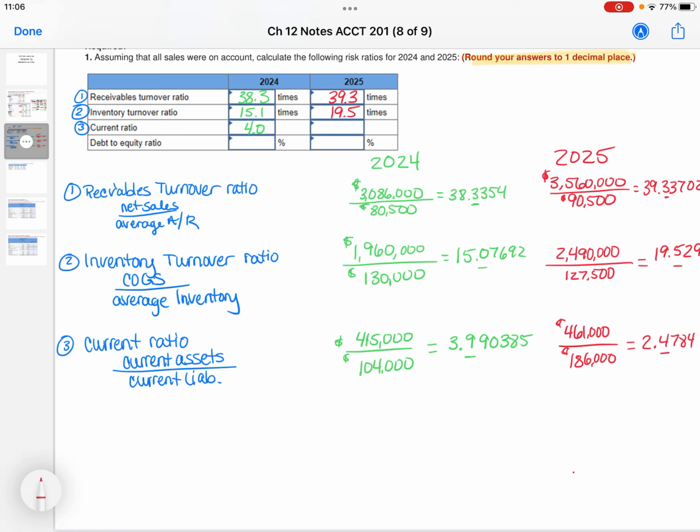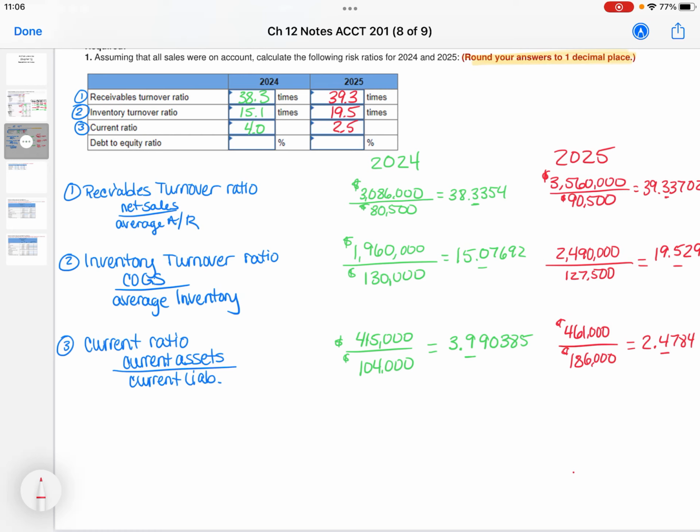We don't have to keep going because really we just need one decimal place. Did I write that right? Yep, 2.47. Yep, so 2.5. Yes. Myself a little confused. My notes aren't great. I wrote them all over the place. Okay, 2.5. So our current ratio went down.